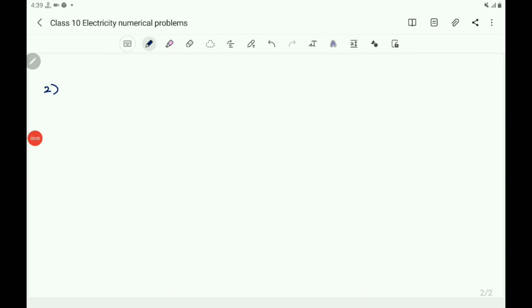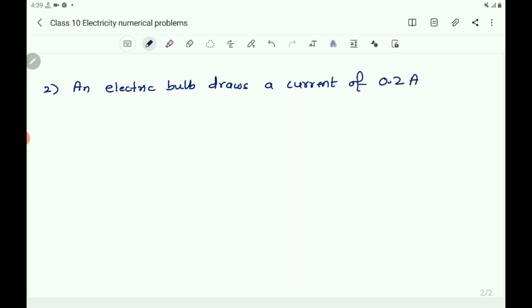Now let us take the second question. An electric bulb draws a current of 0.2 A when the voltage is 220 volts.